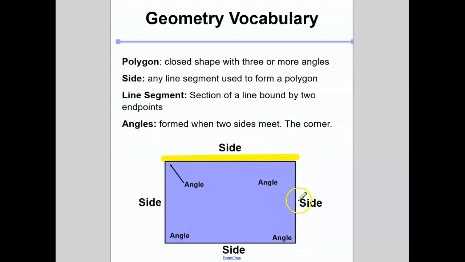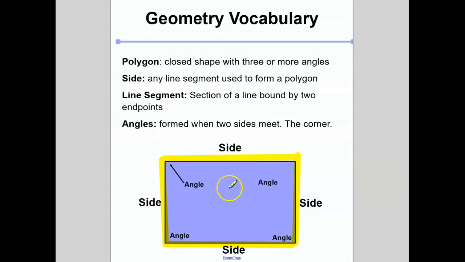Here's one side, here's another side, and another side, and the last side. Pause the video, and on your picture, label each side on your rectangle.